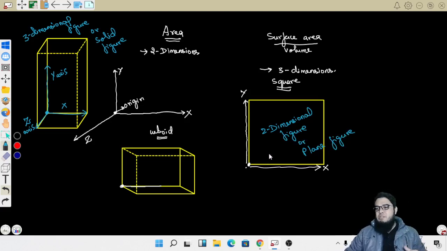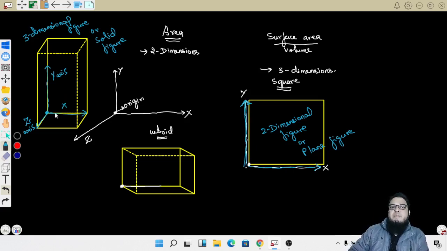So a plane figure is one which covers two axes, which lies at the two axes, and the three-dimensional figures are those which have the three axes. See this, one side is towards the x-axis, one side is towards the y-axis, and one side is towards the z-axis.